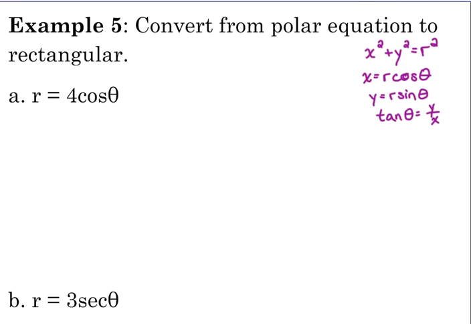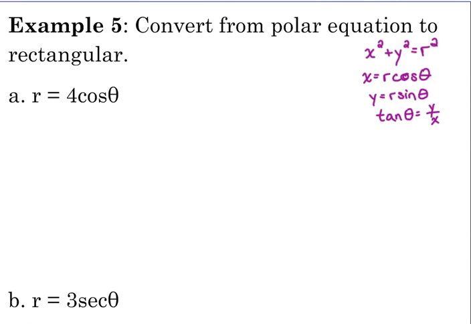So if we don't outright have one of those relationships, then we need to start thinking in terms of, is there something I can do to manipulate this equation? So one strategy that we can use here is that if we multiply one side of the equation by something, as long as we multiply the other side of the equation by the same thing, we're within our mathematical boundaries there.